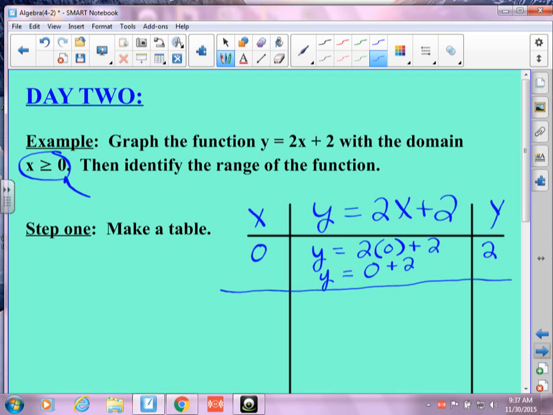Now, x is greater than or equal to 0. So I chose my 0. What would be another number that I could choose? 1, because it's bigger than 0, right? So I'm going to choose 1. And I get 4.